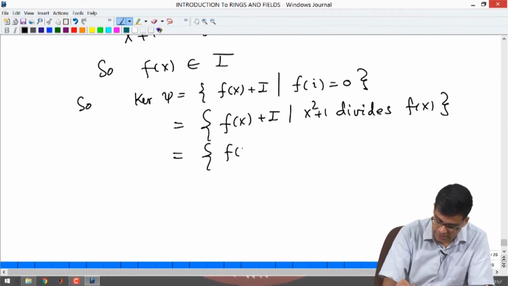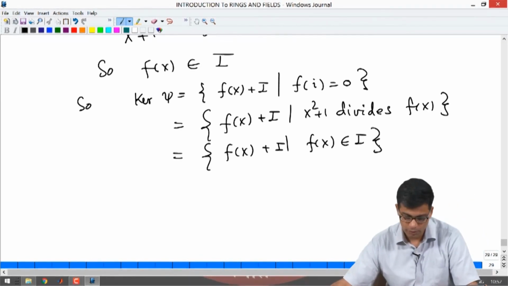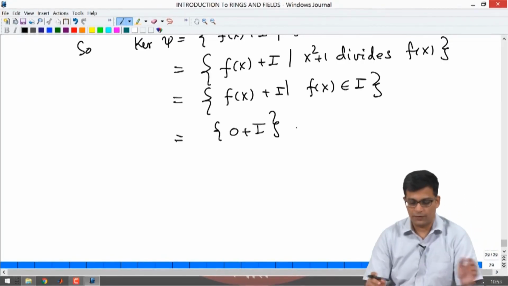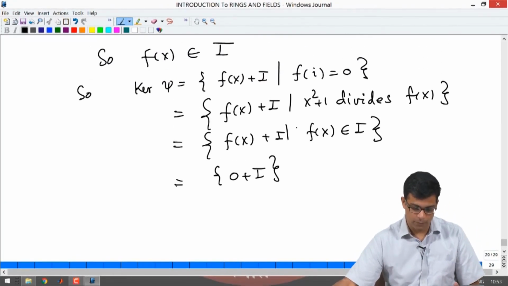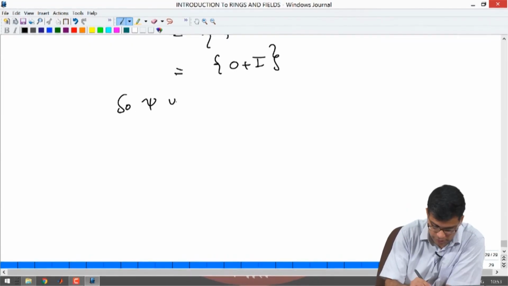That means f of x plus I, where f of x is in I. Okay. But that is exactly the 0 element, right, because if f of x is in I, then f of x plus I is 0. So, this is exactly the 0 element, the 0 ideal. So, psi is injective.